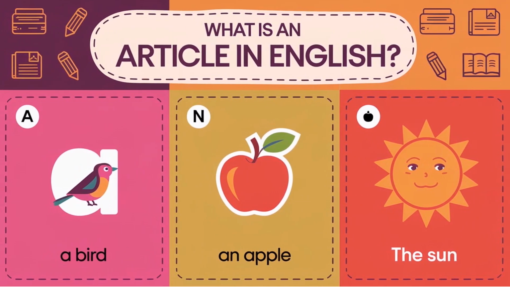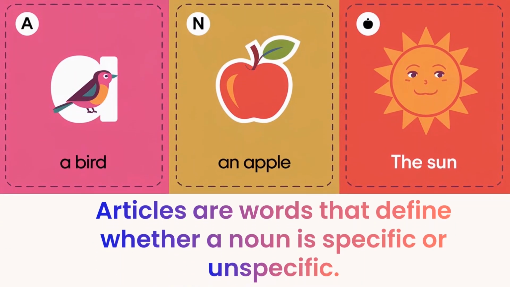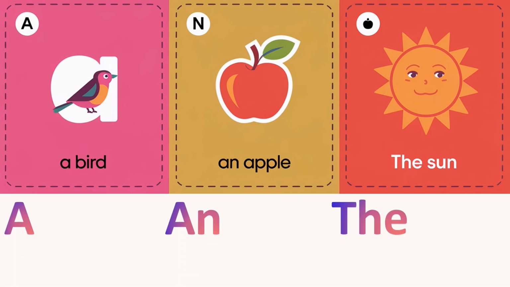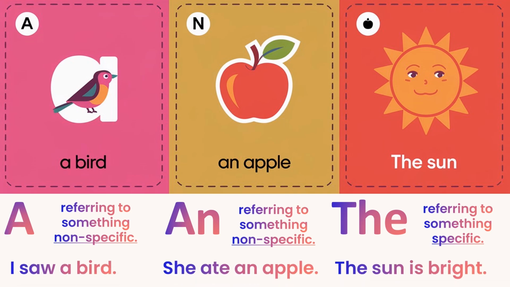But what is an article in English? Articles are words that define whether a noun is specific or unspecific. There are 3 articles in English: a and an, which refer to something non-specific, and the, which refers to something specific. For example, I saw a bird. She ate an apple.